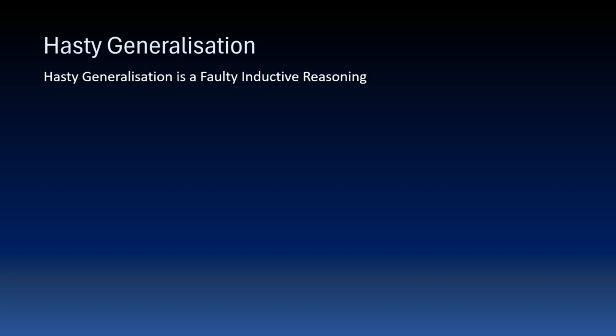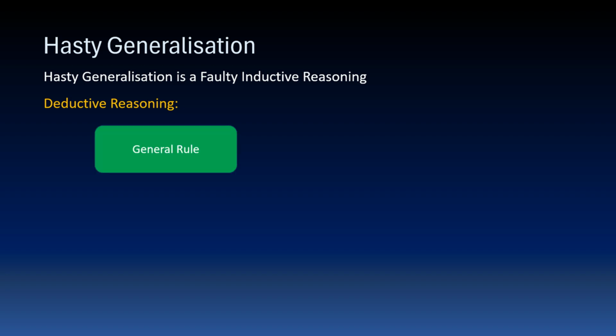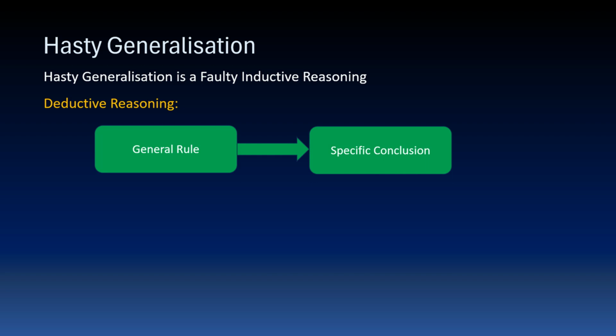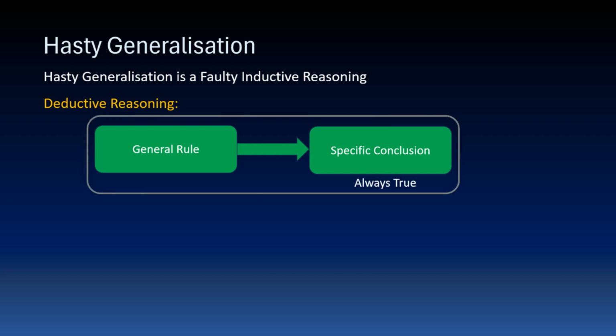To understand what is a faulty inductive reasoning, we should at least know what is a deductive reasoning and what is an inductive reasoning. You see, in deductive reasoning, from a general rule, a specific conclusion is drawn. Such conclusions are always true.